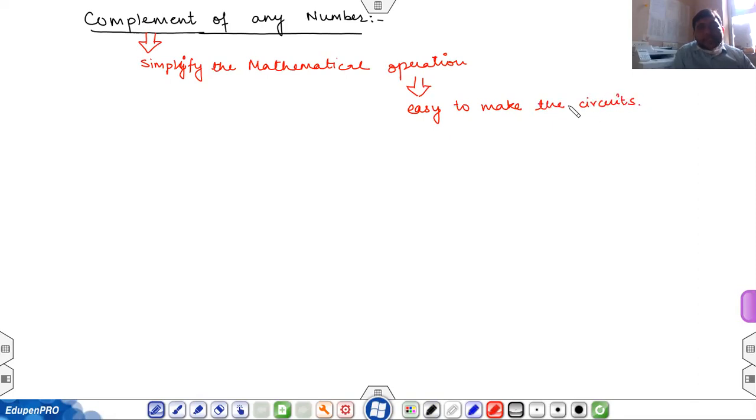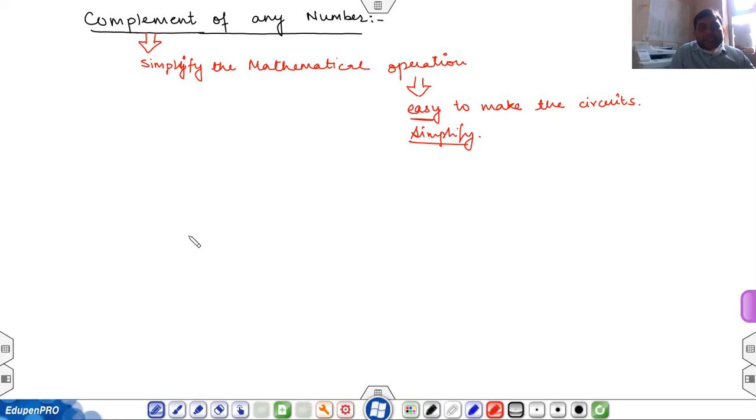It's easy to make the circuits because finally, whatever operations we do using, let's say, a calculator, there is a circuit underneath it. So these circuits have to be simple and easy. This complement helps us to make easier and simpler circuits.